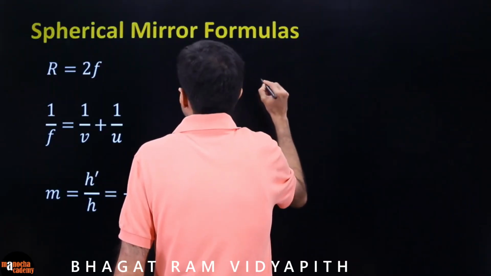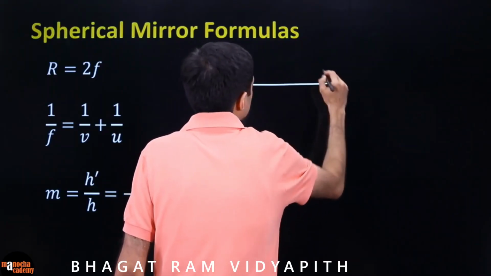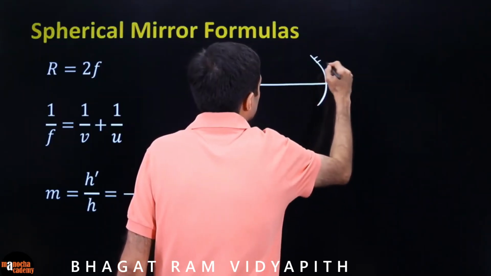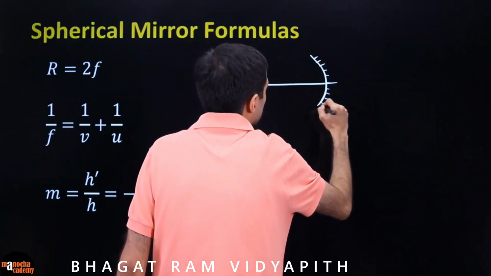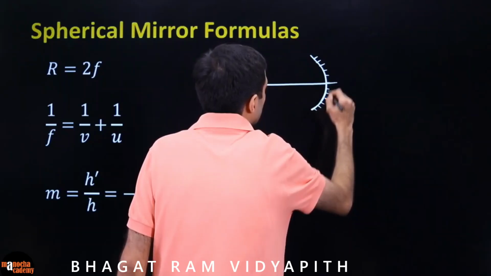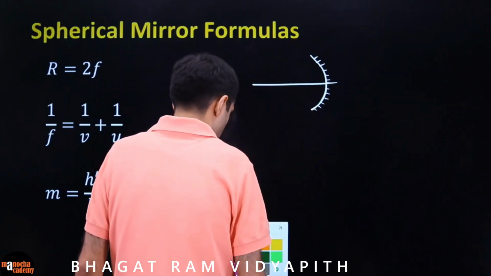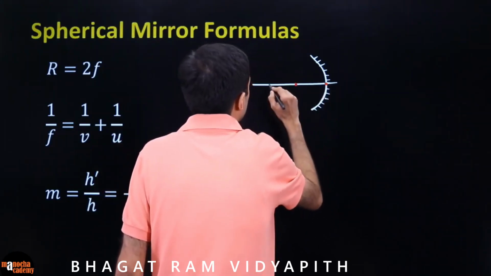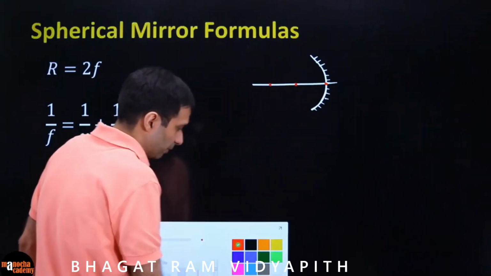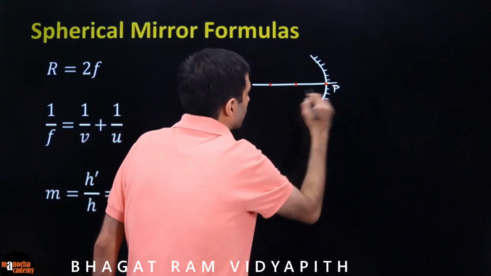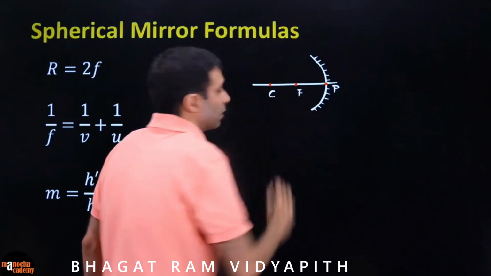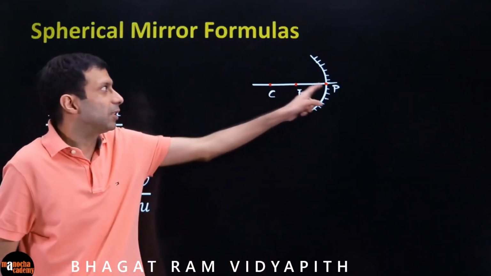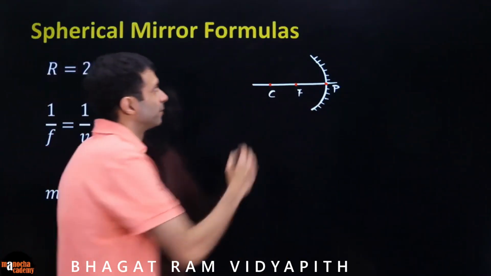So if you look at the principal axis, for let's say a concave mirror, then you have the pole, the focus and the center of curvature. Radius of curvature means P to C, this distance.